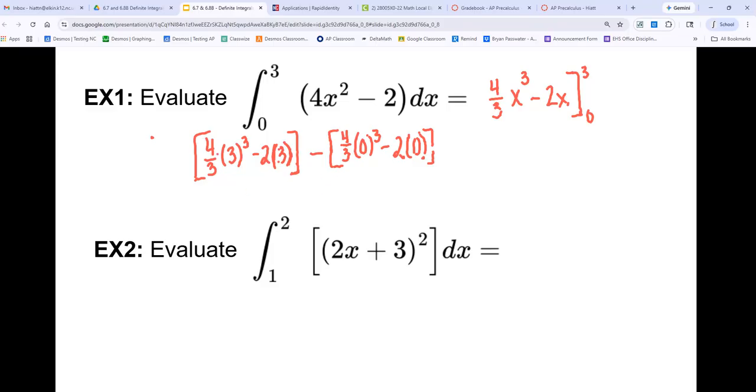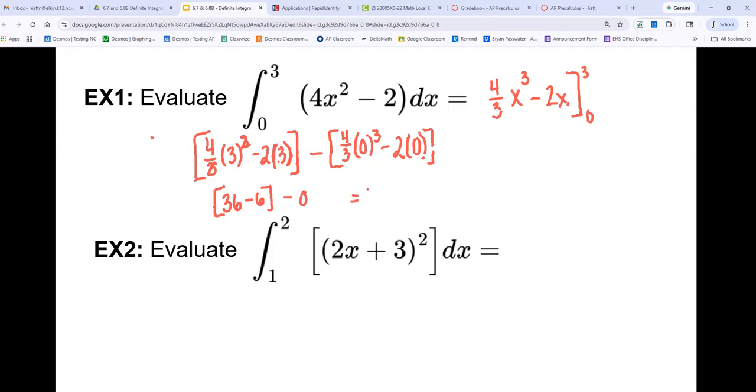And so here, I could cancel one of those 3s. That'll save me a little bit of time. So I've got 4 times 3 squared. That's 4 times 9. I got 36 minus 6 right here. What do I get in that second set of brackets? That's just 0 right there.